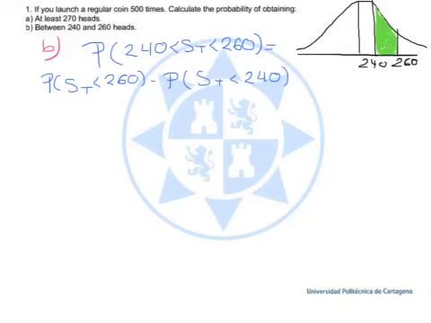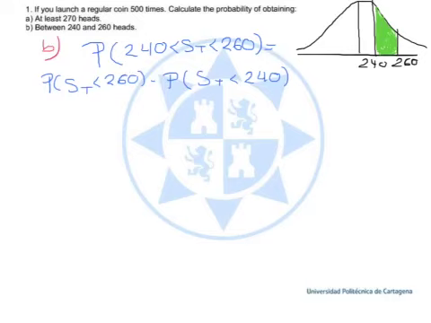Applying the properties of the distribution, we can see graphically that the probability we are asked will correspond with this green area. So in order to calculate the probability, we are going to do it in two parts. So this one and this other one.